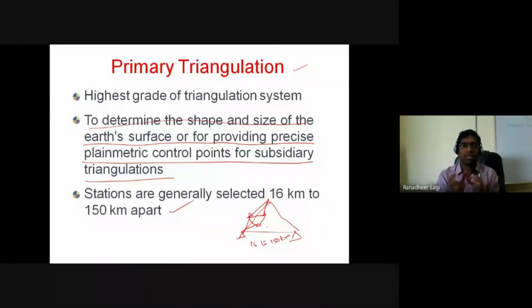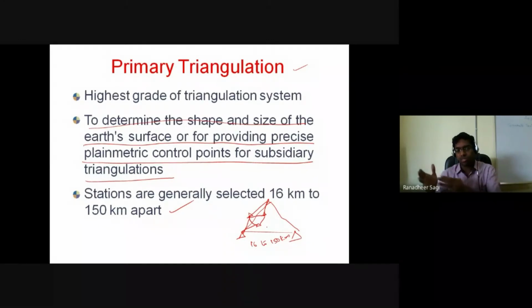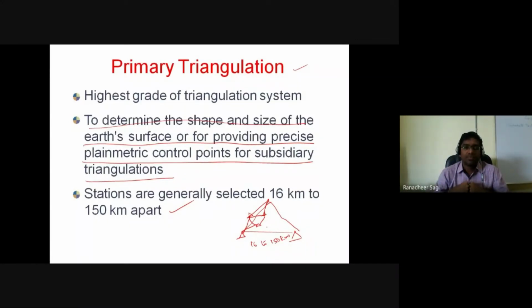In primary triangulation, as I told you, we locate the positions of the stations with more accuracy, and then measure everything to build the primary network. But for secondary, the importance slightly decreases and the accuracy decreases, and for tertiary, the accuracy decreases further.